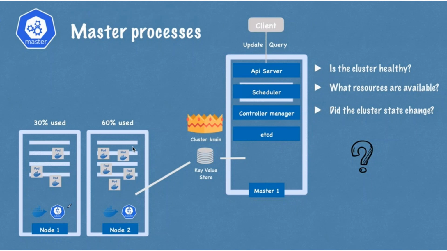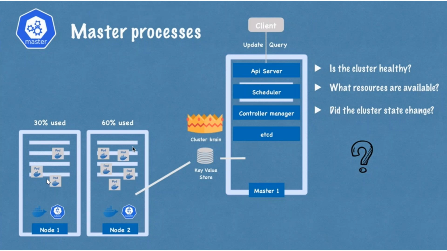On the worker node, you will find something called a pod. A pod is the smallest unit of work on Kubernetes. Kubernetes does not directly deal with containers.